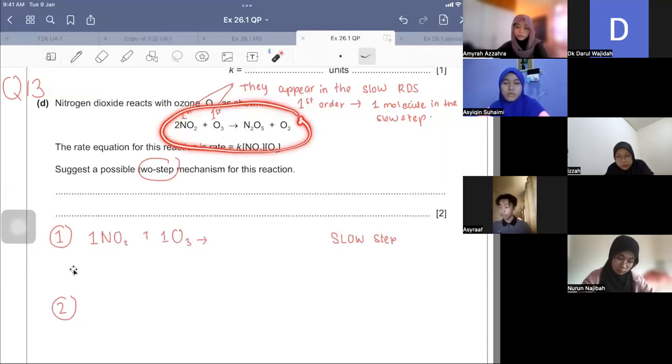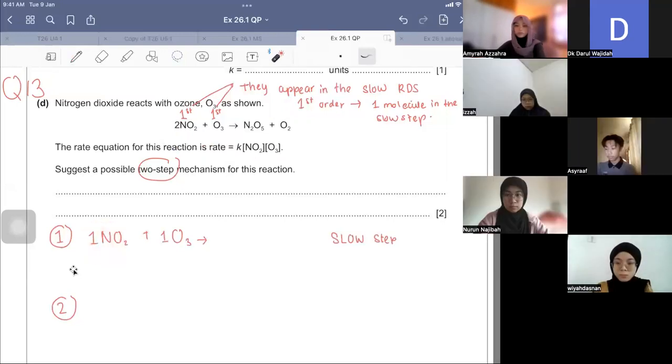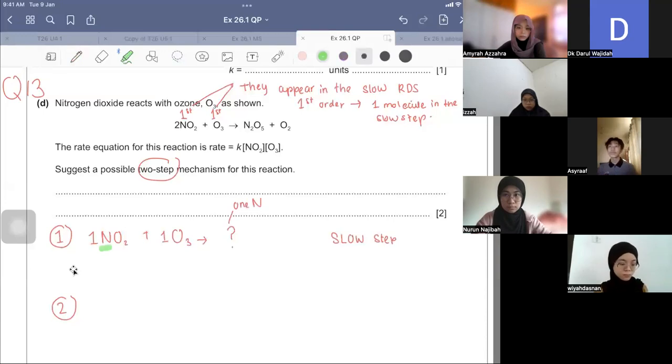Okay, now since you only have 1 mole of nitrogen, that means your product would be N something. Okay, this is the species that we are not sure of, but in this species we know that it contains 1 nitrogen because of this 1 mole of nitrogen.